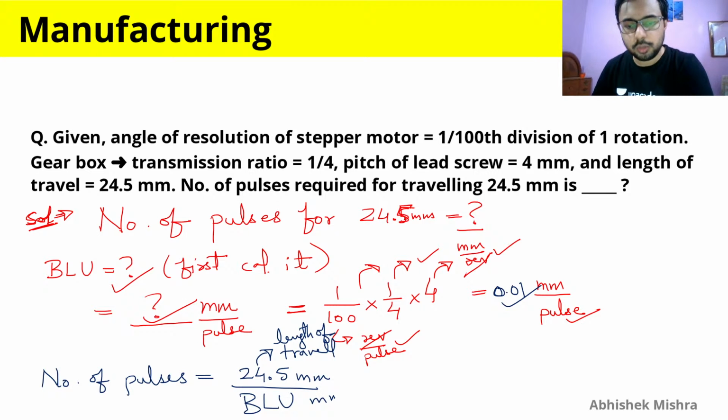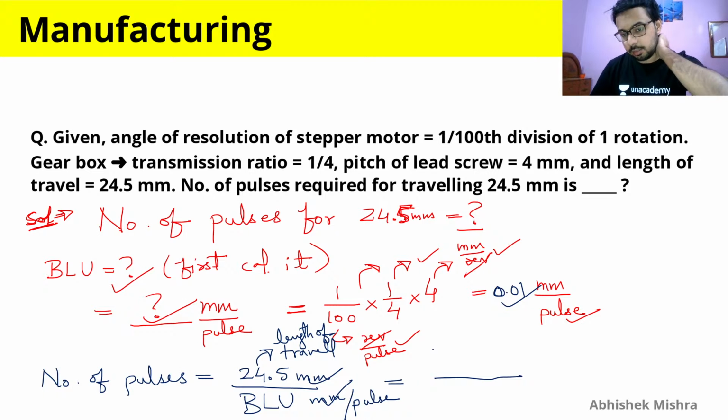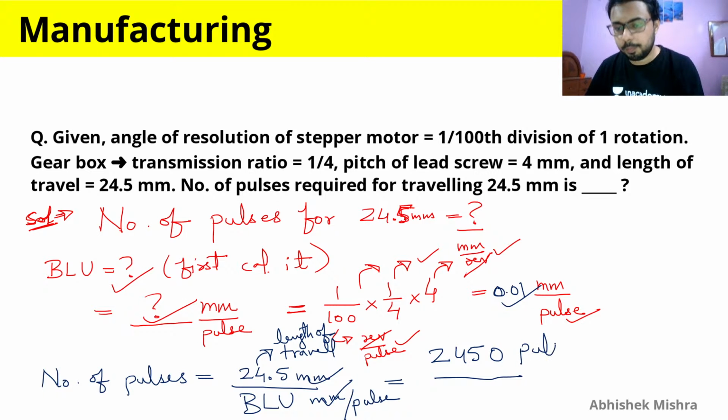So basic length unit is in mm per pulse, so the mm will get cancelled, and your answer will come out as 2450 pulses. So this is the number of pulses required for traveling 24.5 mm.